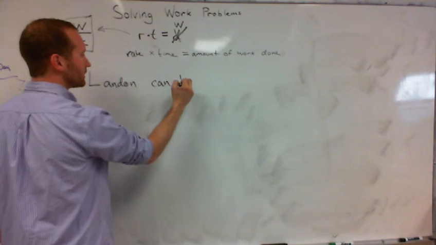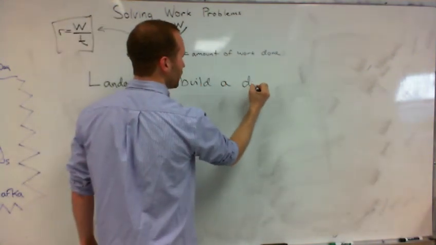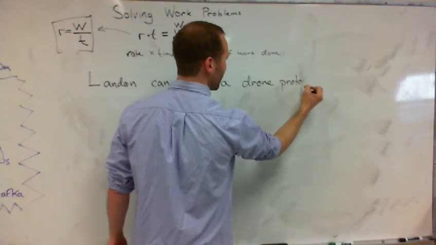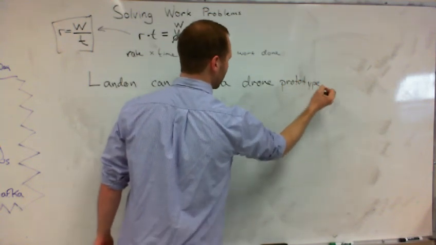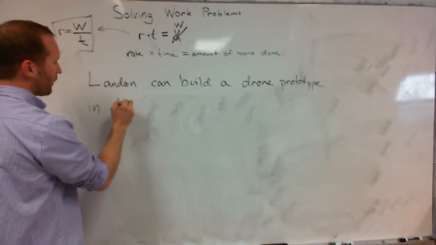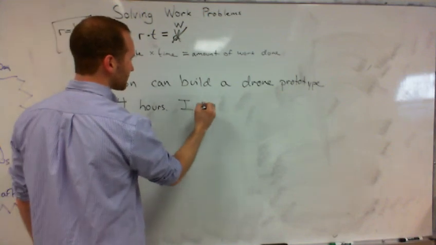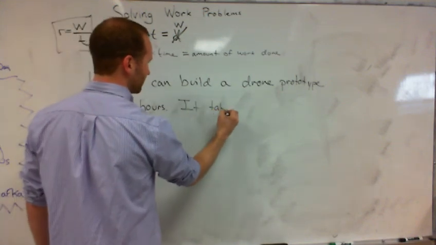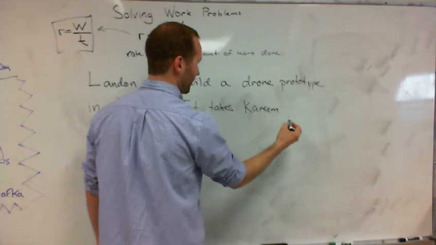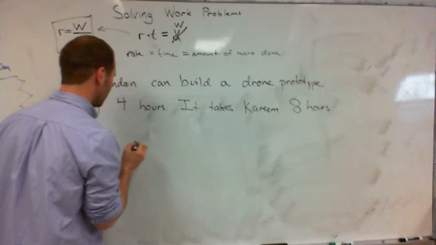Landon can build a drone prototype in 4 hours. It takes Kareem 8 hours to dismantle it.